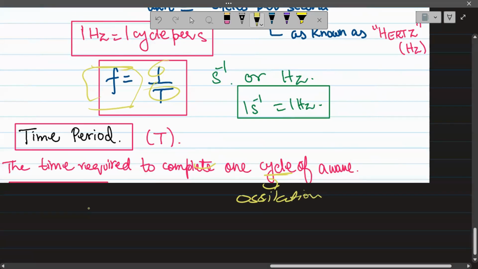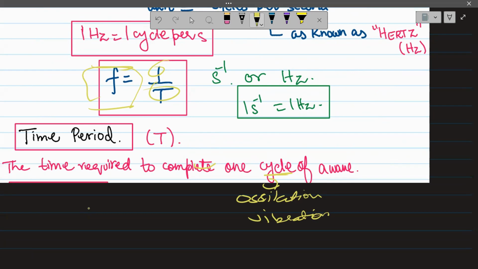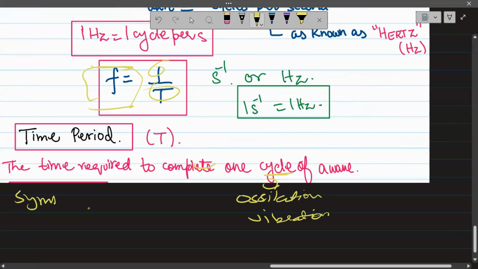This is the time period. The symbol of time period is T, and its SI unit is seconds.